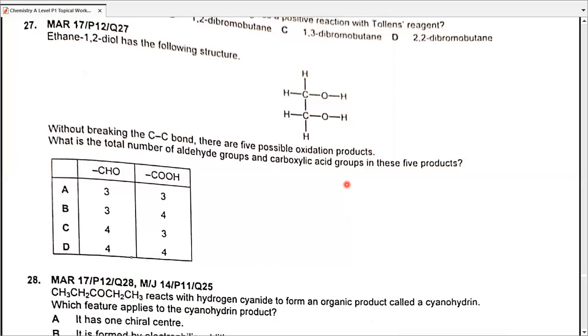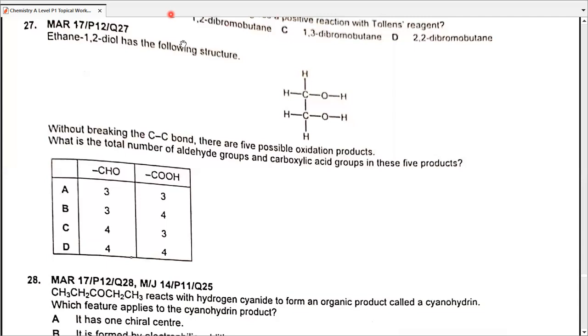So we're going to consider this as a primary alcohol. Yes, primary, because both alcoholic groups are attached to a carbon atom which is attached to a single carbon atom, not two. So yeah, primary alcohol. So in that case, two aldehydes only, and then they can be further oxidized to carboxylic acids. So count the whole.